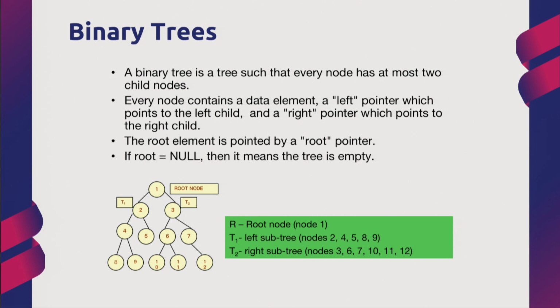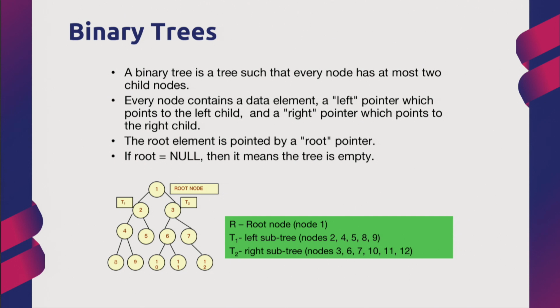So as you see in this diagram, we have a tree with 4 levels, level 0 to level 3, and the root node is 1, it is at level 0. And when you take into account the root node, it has 2 subtrees, T1 and T2. So the tree that starts from its left child 2, we call the left subtree, and the tree that originates from its right child with the node value of 3, its right subtree.